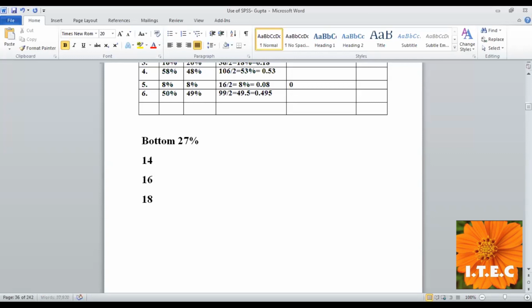Now then I have the top 27%, and in the top 27% I have here the 18, and then the 22.